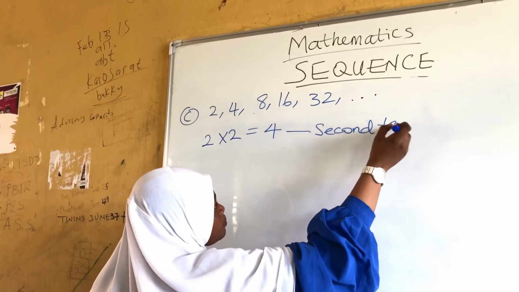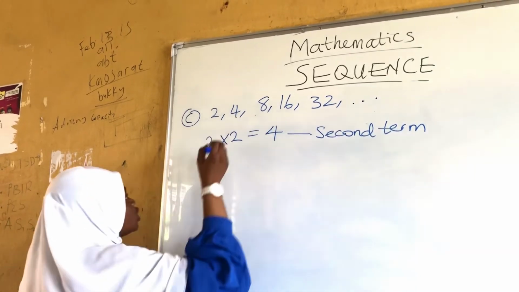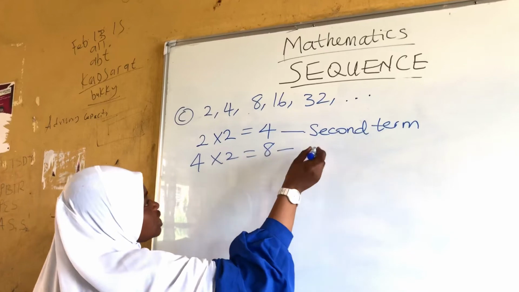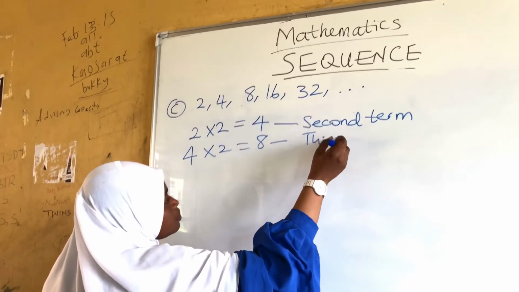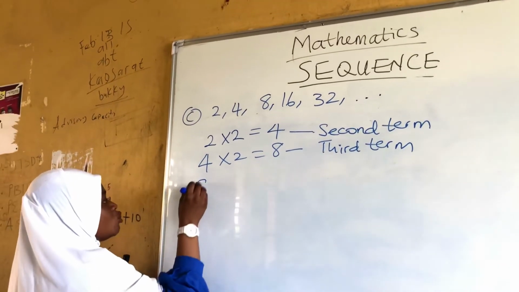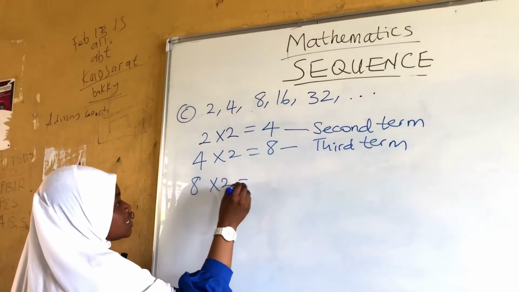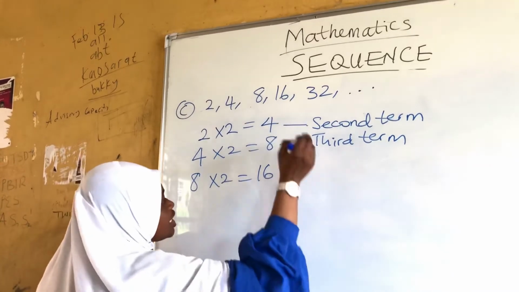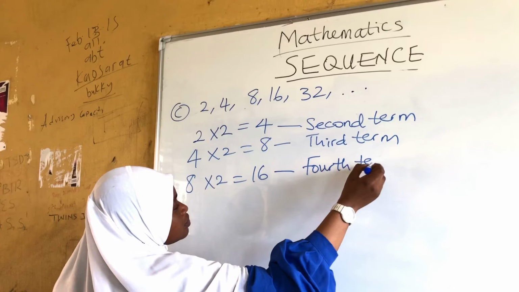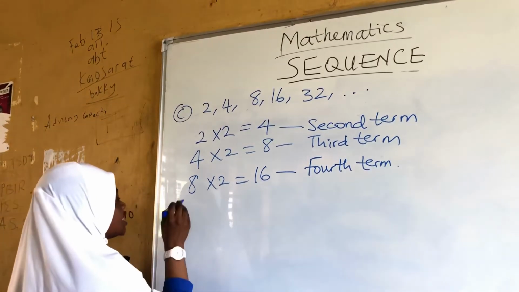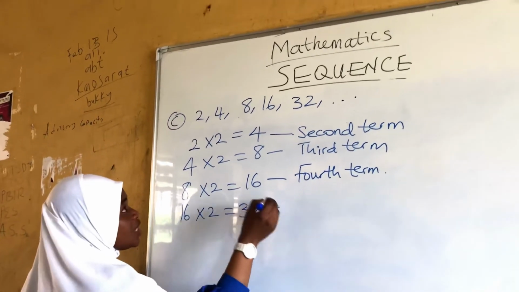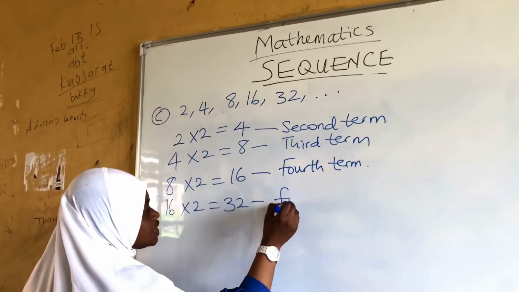The second term multiplied by 2 gives us 8, which is the third term. The third term, which is 8, multiplied by 2 gives us 16, and 16 here is the fourth term. 16 times 2 gives us 32, and that one is the fifth term.